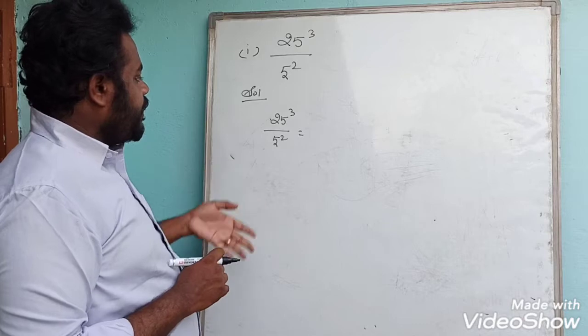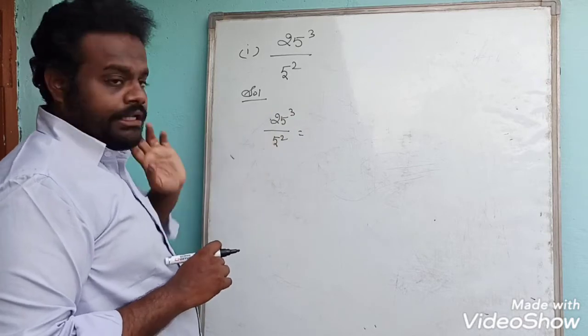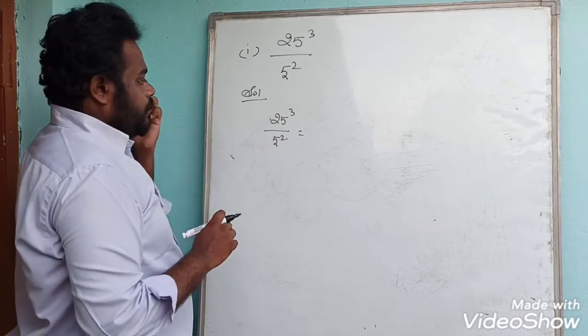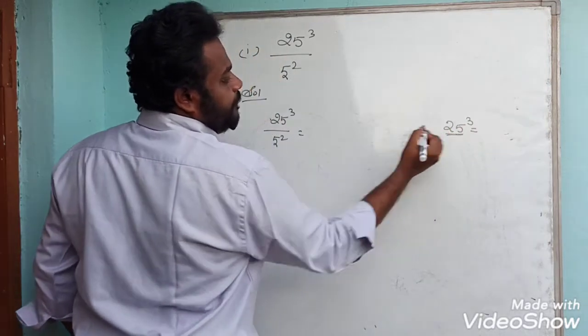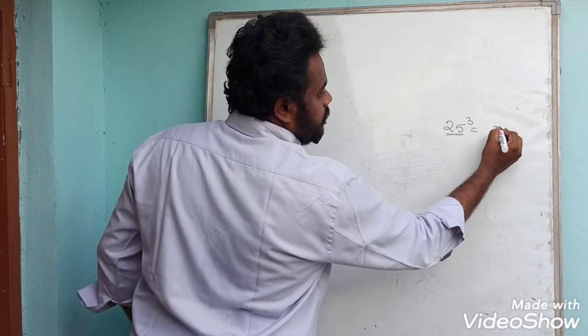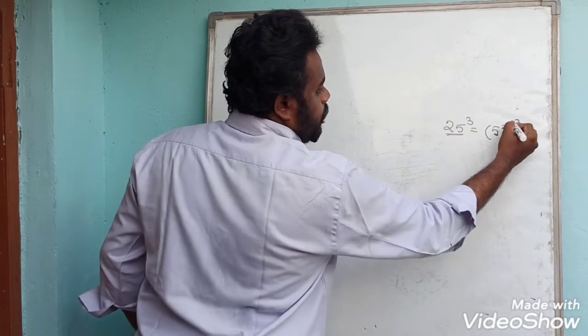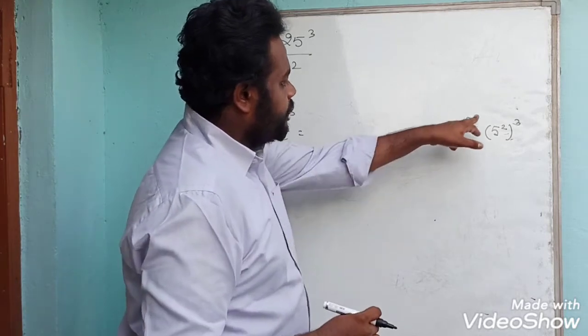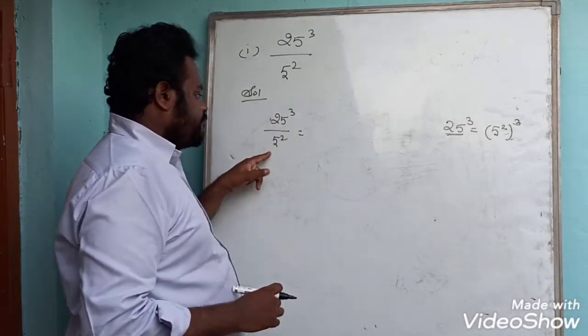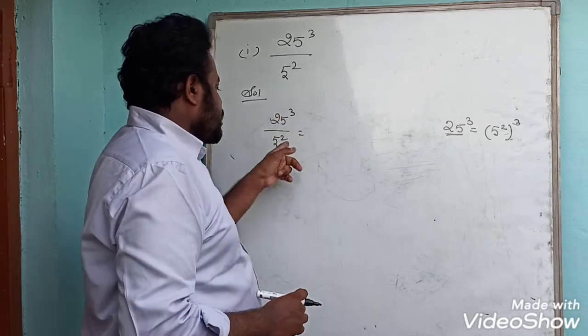Here both the powers and the bases are different. But 25 cube can be written in the form of 5 square whole power 3. Here the base is different and the power is also different.